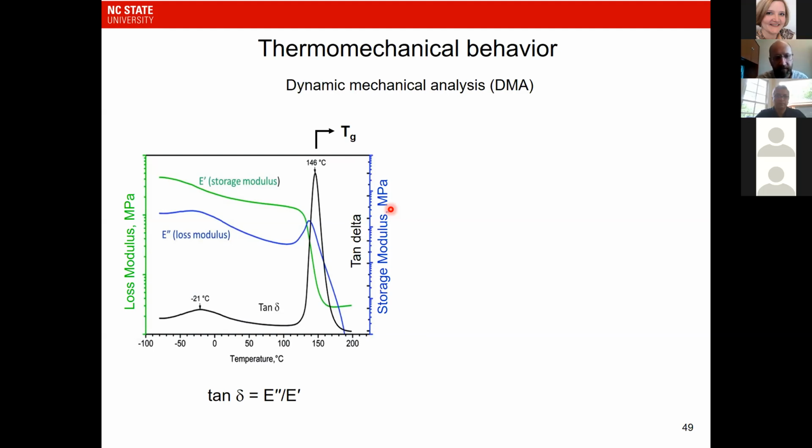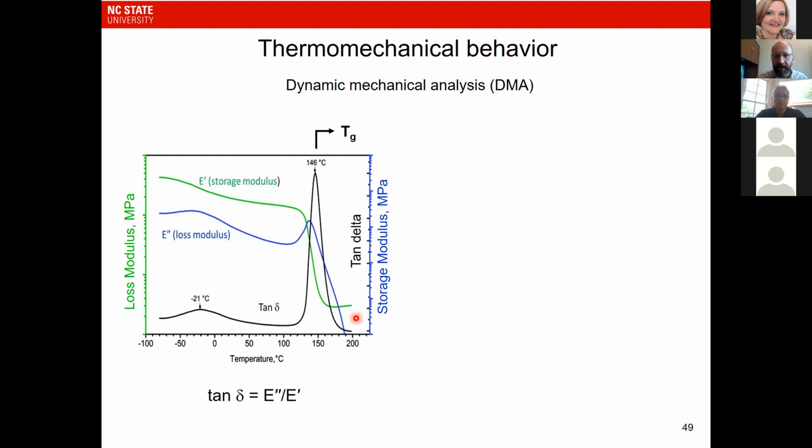That has been quite useful for our lab to look at the thermomechanics of the polymers and the small molecules to some degree. And so when we look at these graphs, what we're looking at is the storage modulus, so the elastic response of the material, the loss modulus, or the viscous response, and then the ratio of the two, which is the tan delta. And as you heat up the material, there's oftentimes some relaxation that occurs. Here's one at -21 degrees Celsius, and here's a large one at 150, which would be considered a glass transition.